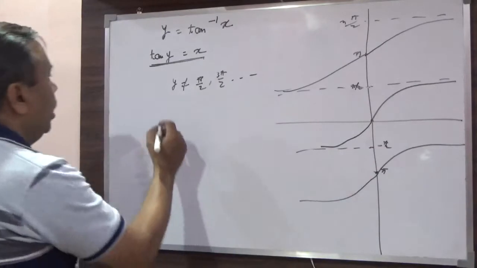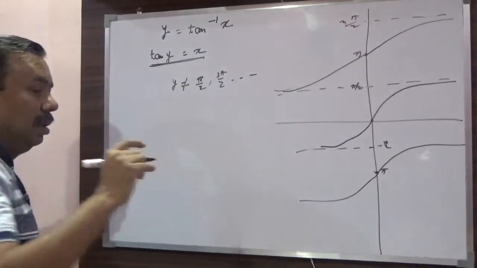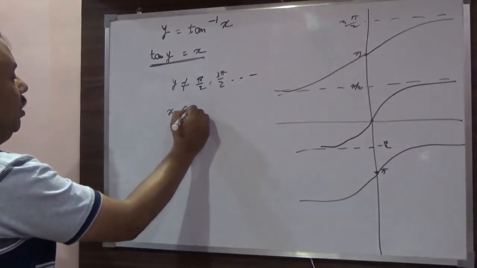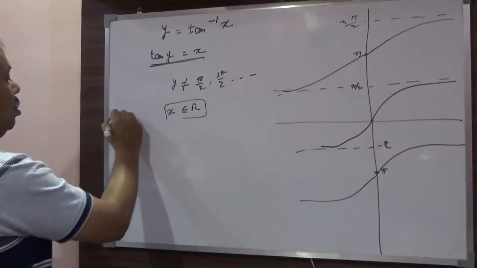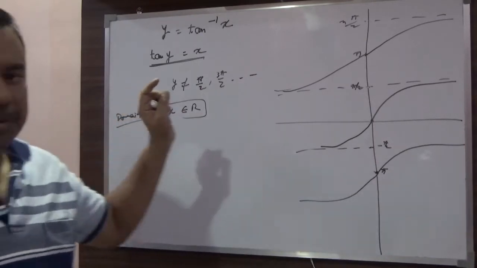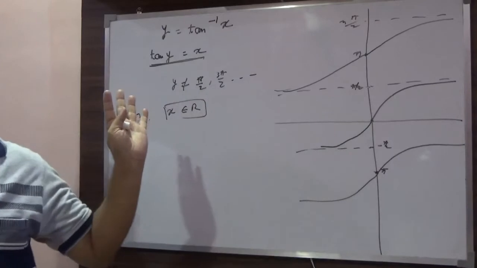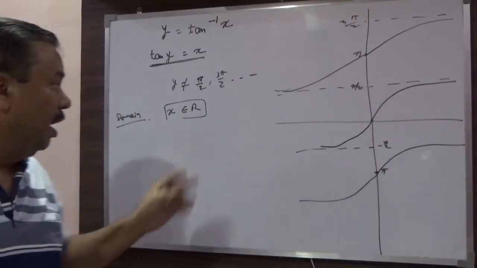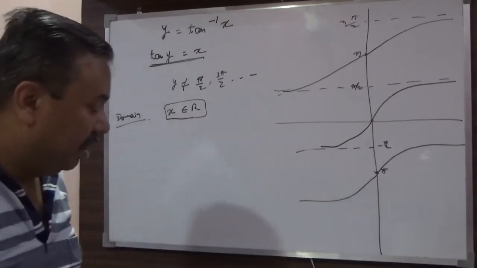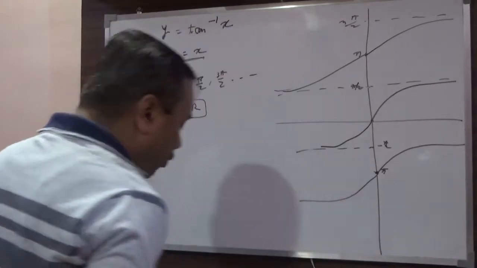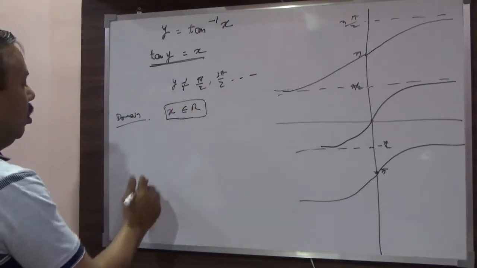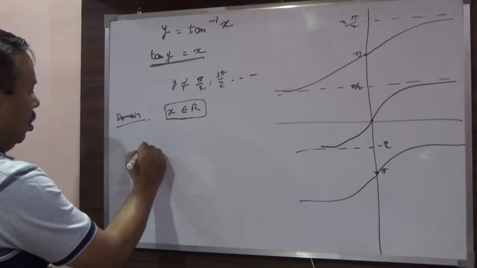So in this case, my domain, the value of x, will take any value; it will belong to R. So my domain will be x belonging to the set of real numbers. Okay, but y, the value of y, will range over any value.